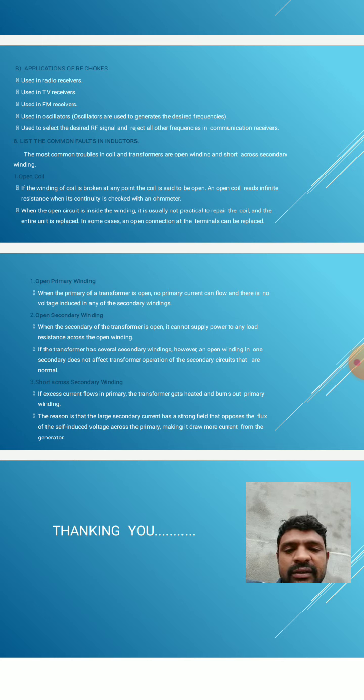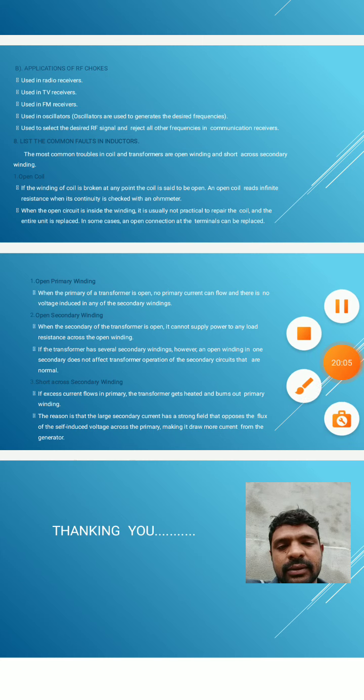So a short across the secondary winding affects the primary. If the excess current flows in the primary, the transformer gets heated and burns out the primary winding. So these are the common faults in inductors.